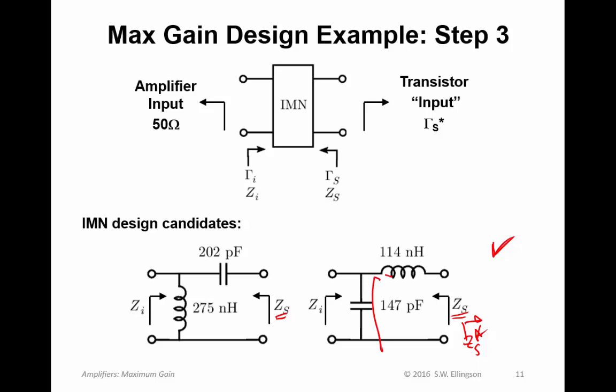So this way we see Z sub S conjugate in parallel with this inductor, and then we see that previous impedance in parallel with this capacitor, and that should be Z sub I, in other words 50 ohms. And then you can have confidence that you did this business right. Similarly, we have another series first solution over here, and those are the component values.